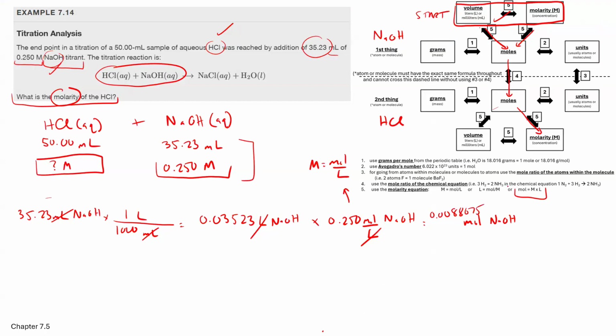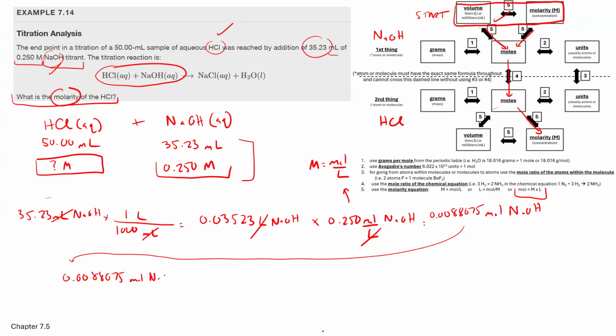We probably didn't need that many numbers, but just to be safe, actually, no, I think we needed them all. I'm just going to rewrite this so it's all in the right order. Moles of NaOH. All right. So now we're at 0.0088075 moles of NaOH.